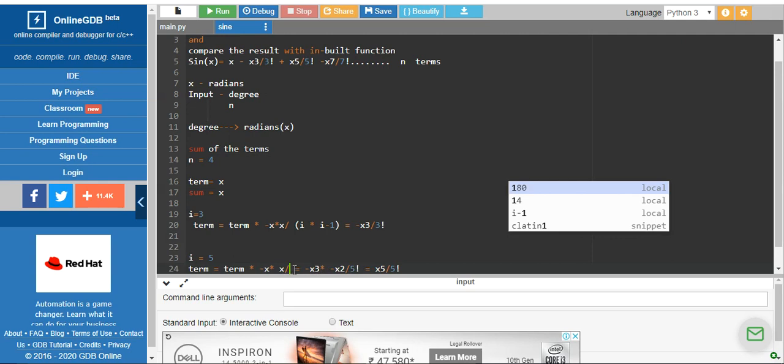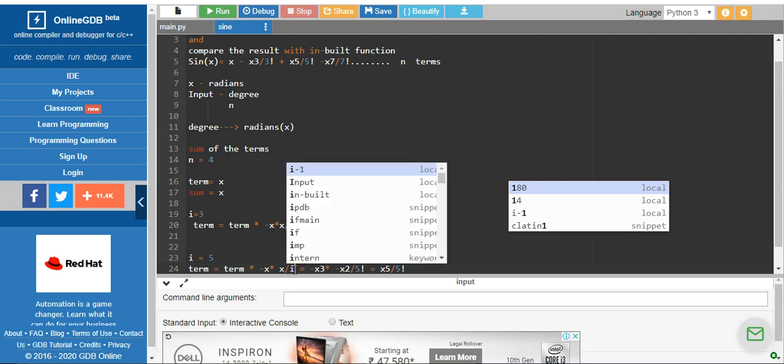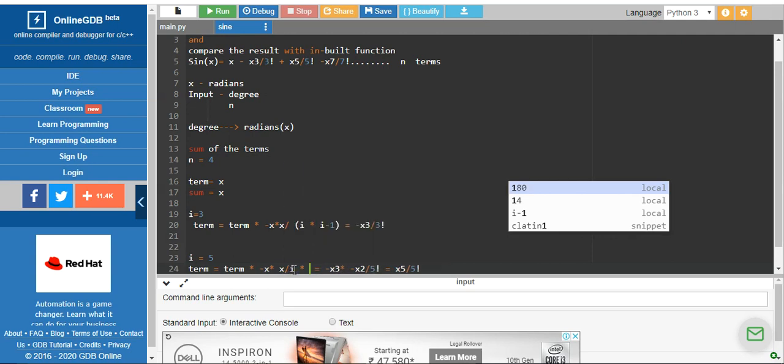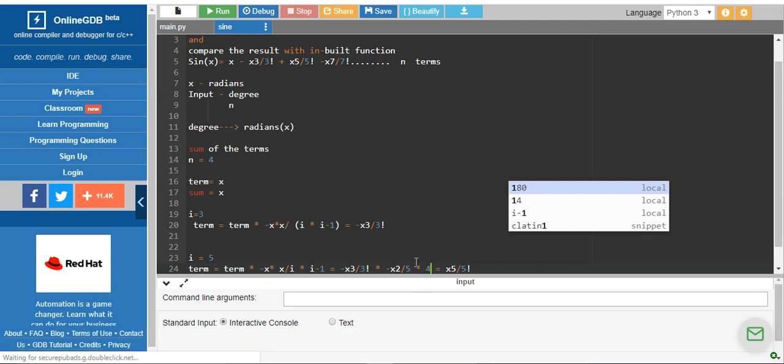So here i star i minus 1. So what is the value of i here? i value is 5. Here it becomes 4. What is the term value previously? You had got minus x cube divided by 3 factorial, that is 3 into 2 into 1, multiplied by minus x square divided by 5 into 4.